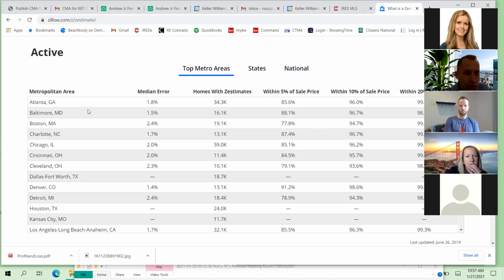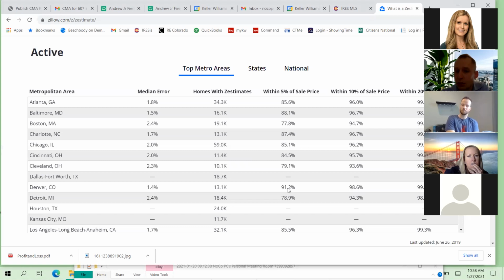You see, in Denver, Colorado, 91% of home sales end up selling within 5% of that sales price from the Zestimate.